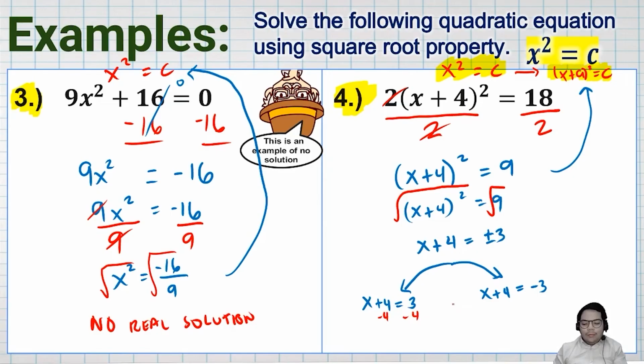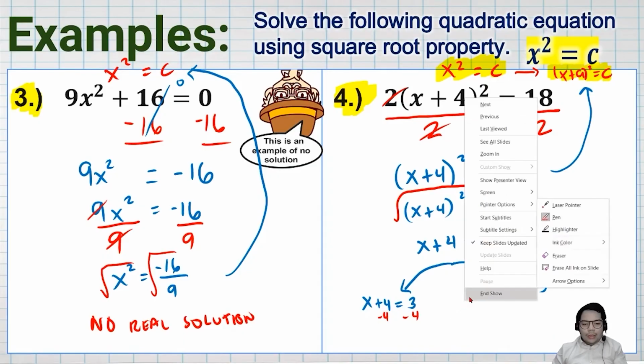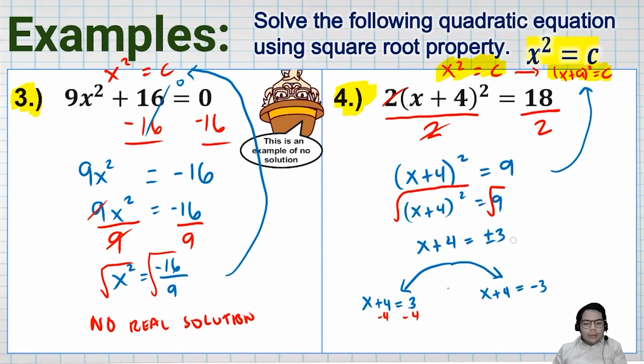So, subtract 4 for both sides. Yan. So, now we'll be having an answer. X is equal to negative 1. So, 3 minus 4 is negative 1 kasi ito magiging 0 na.